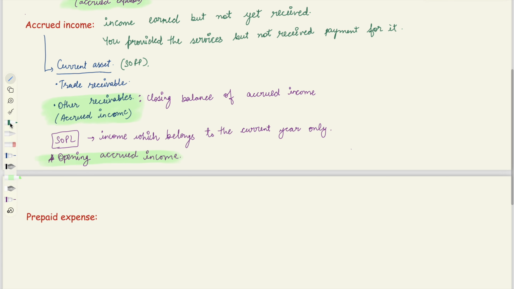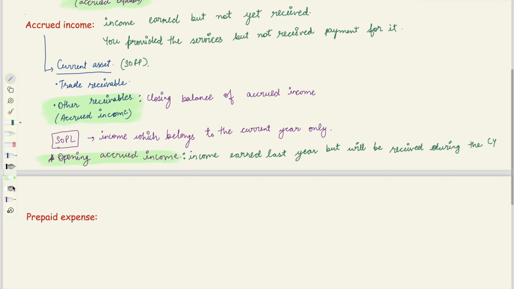So this is going to be income earned last year but will be received during the current year. So this is not the balance that is for the current year, right? This is the last year's balance. I need to subtract it from my payments received, income received.